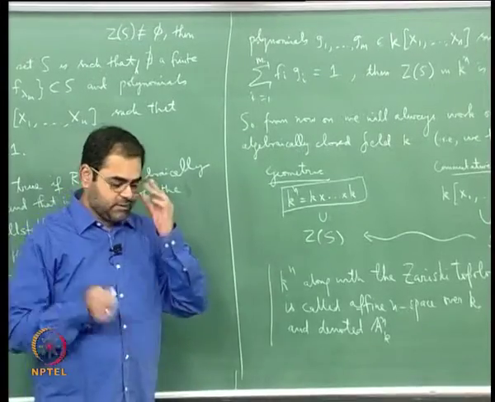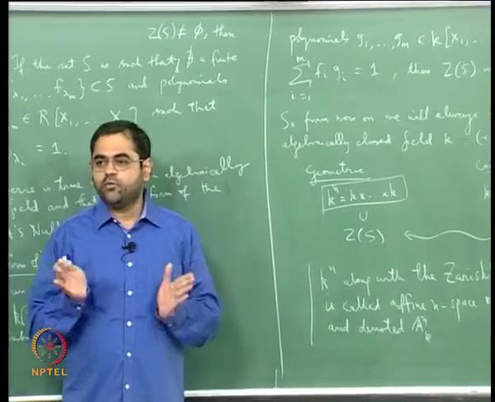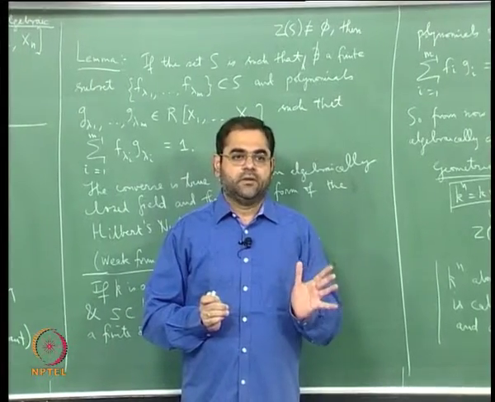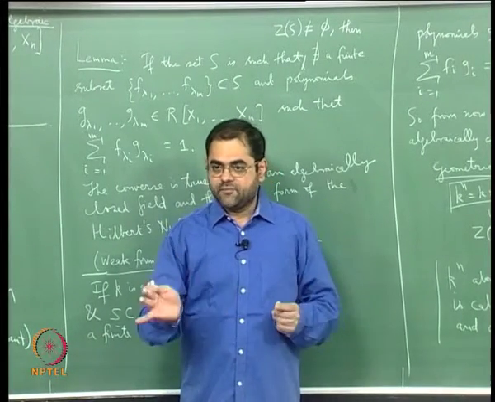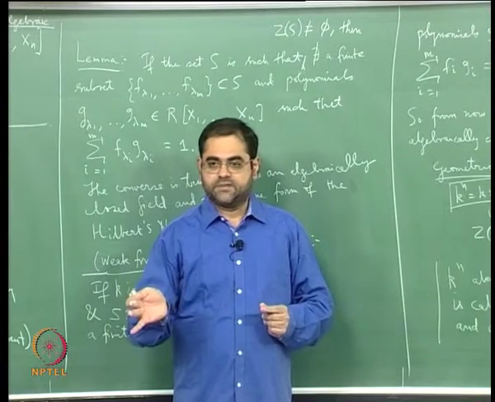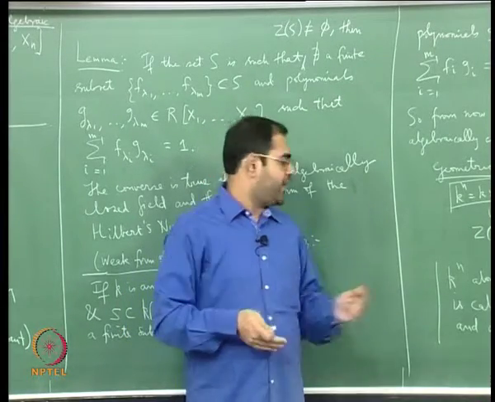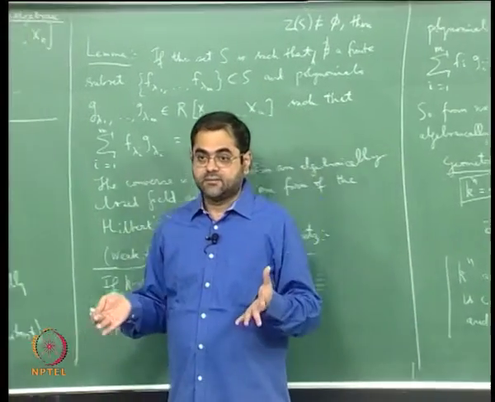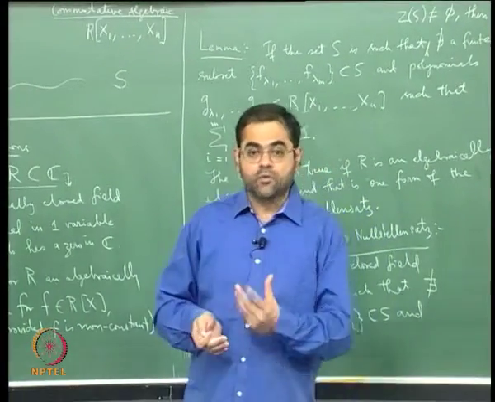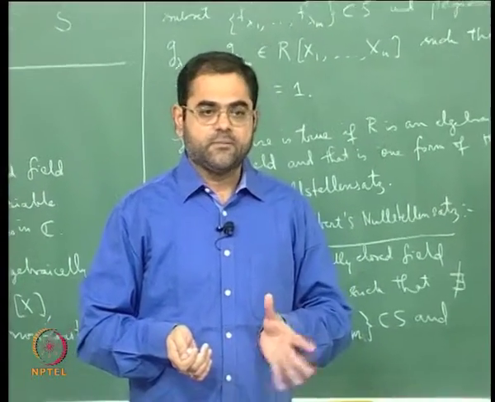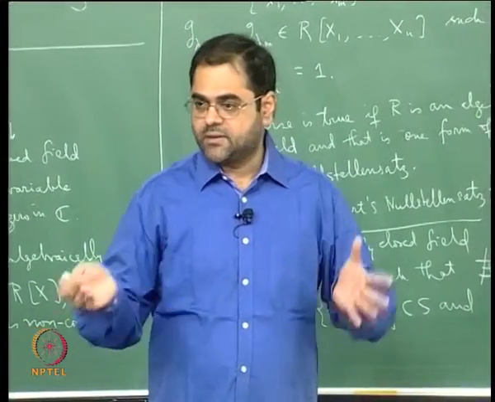But then, when you go to topology, there are two ways of approaching a topology. One way is by open sets, the other way is by using closed sets, okay, because closed sets are just complements of open sets. So I can also give a topology on a set by giving a collection of subsets called closed sets, but then the conditions will be complementary, because of De Morgan's laws.